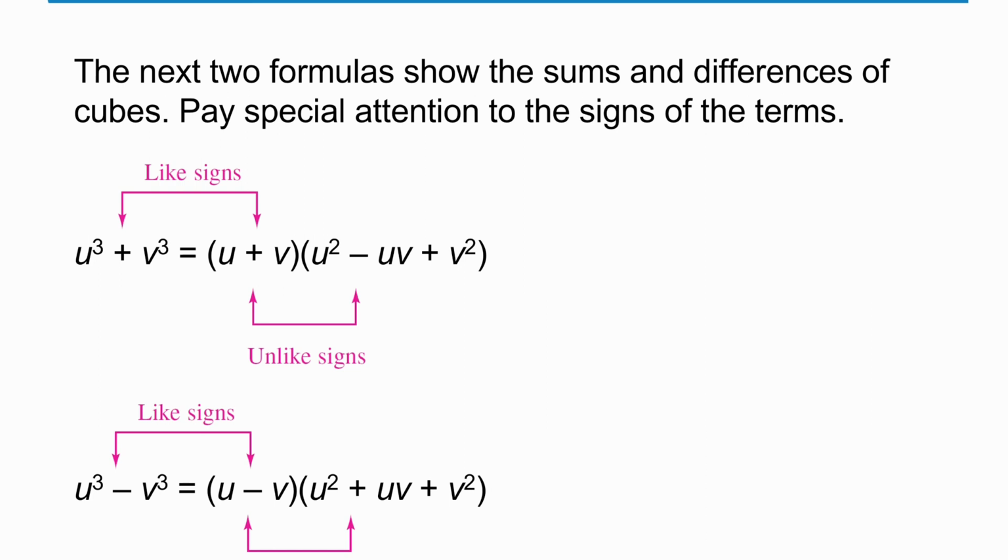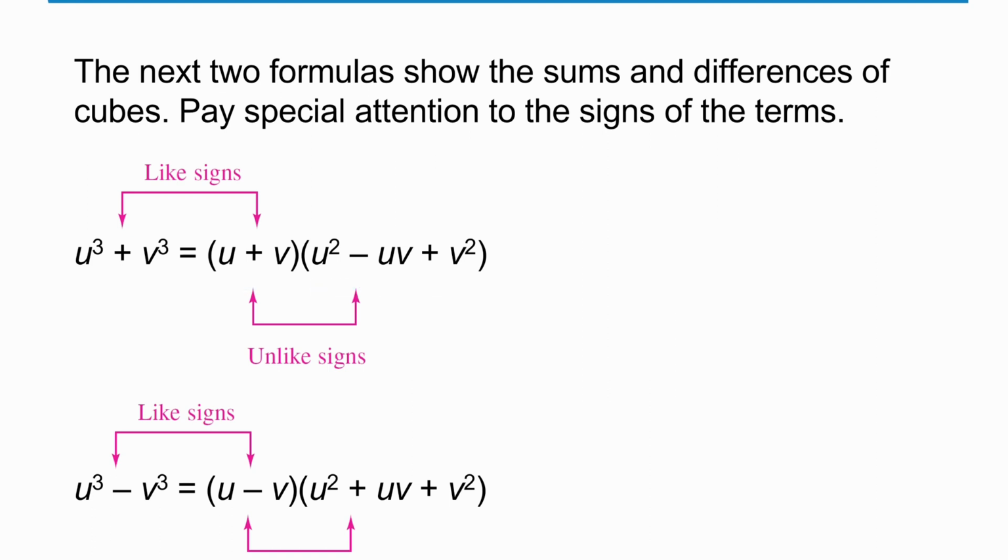Even with cubes, we can do this. So we have the sum of two cubes and we have the difference of two cubes. When we have the sum of two cubes, the negative is here in the trinomial. When we have the difference of two cubes, the negative is in the binomial. So we will always have a binomial and a trinomial.